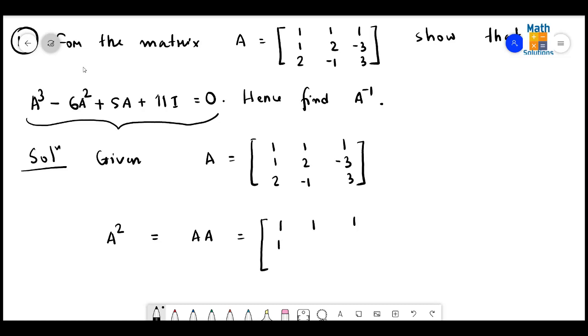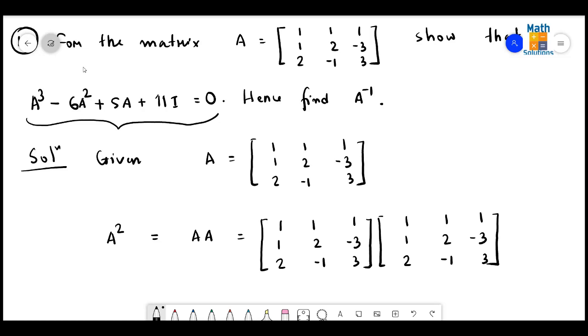A square is the matrix 1 1 1, 1 2 minus 3, 2 minus 1 3 multiplied by itself.